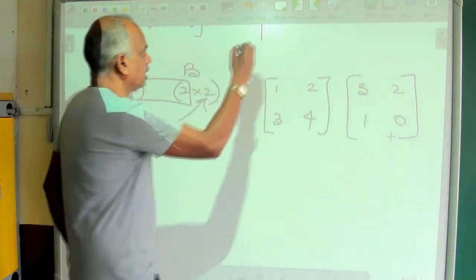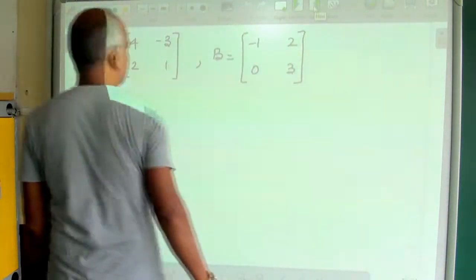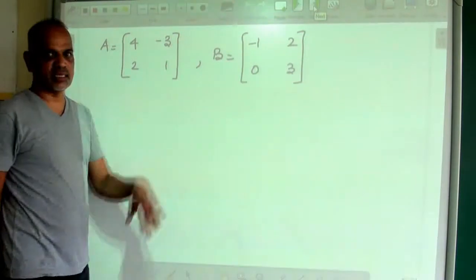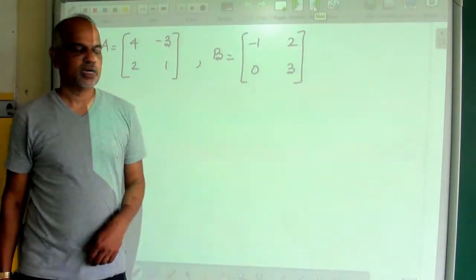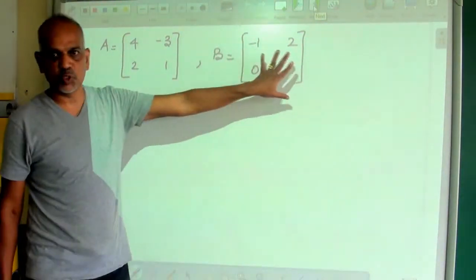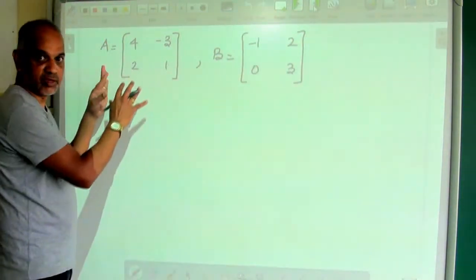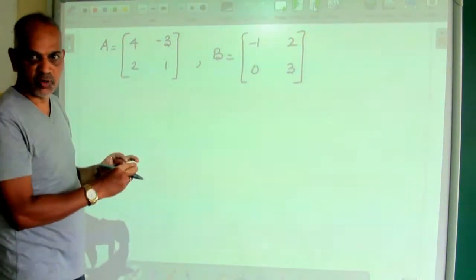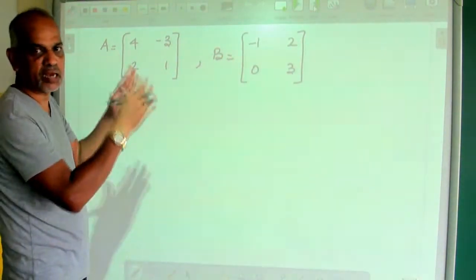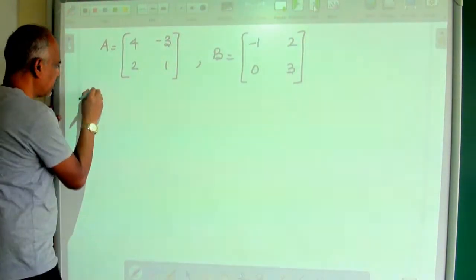Okay. Next, this is an example of a 2 by 2 matrix with another 2 by 2 matrix. So as I said, for a 2 by 2 matrix, there is no need for you to check whether you can multiply or not. You can multiply it. So let's find AB.